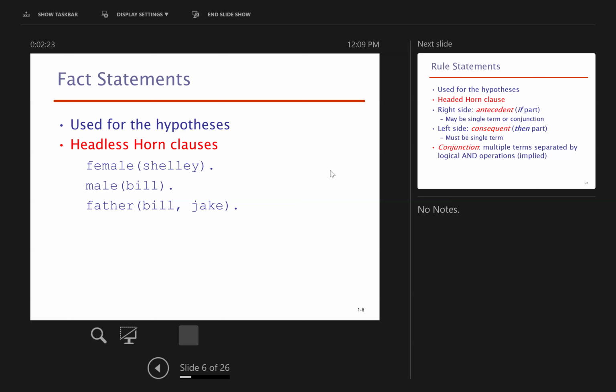So why is it headless? Because we don't have the right side. This is only there. In this case, we can say female, male, father are the predicates, and the atoms are Shelley, Bill, etc. So this can be, again, a fact for us. This fact will always be true.